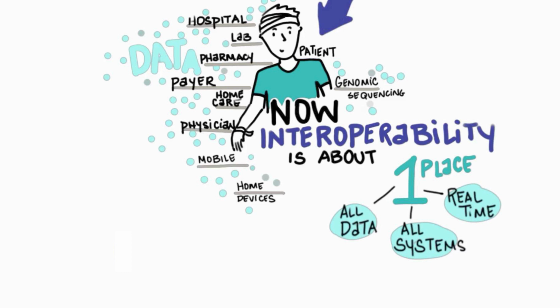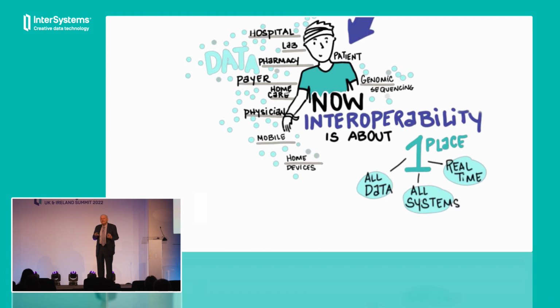There is data in an increasing number of places. And interoperability, which once meant connecting two systems together, now means being able to be in one place and see all that data for a patient or for a population of patients from that one place. That's the new meaning of interoperability.